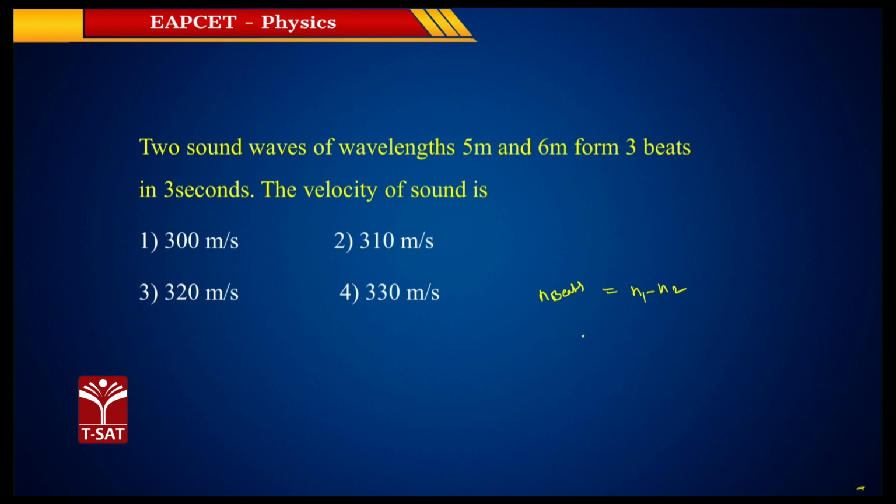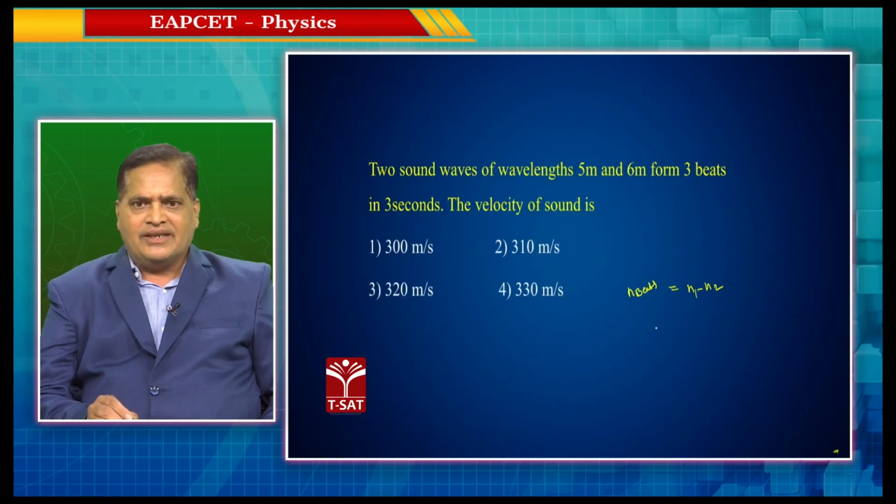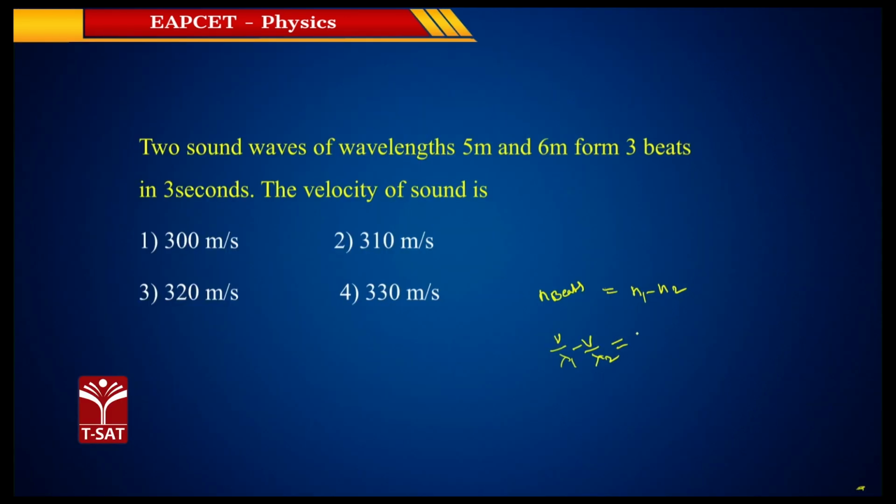Okay, therefore the sound waves of wavelength 5 meter and 6 meter are there. Therefore n1 minus n2, you can write v by lambda 1 minus v by lambda 2 is equal to the beats frequency. How much is given here? 10 is given.